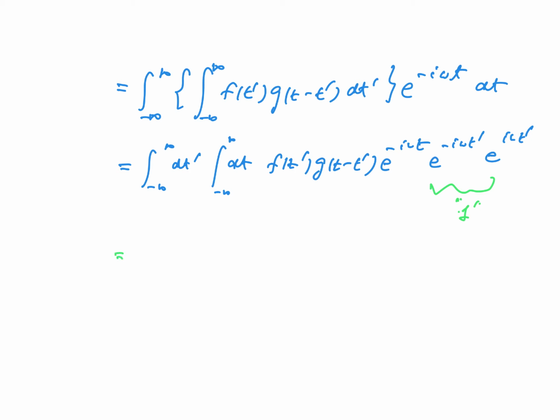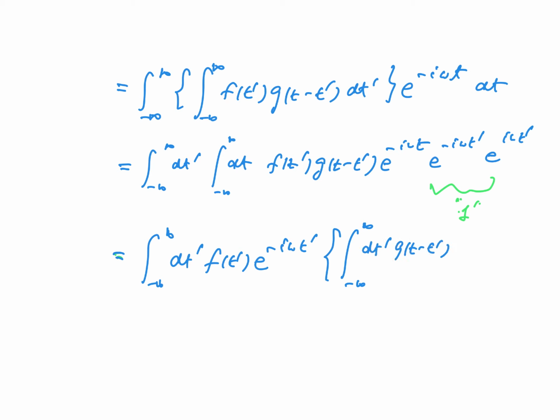So this becomes the integral over t' of f(t') exponential minus i omega t', and the integral over t of g(t - t') exponential minus i omega (t - t'). So here we set u as t minus t'.